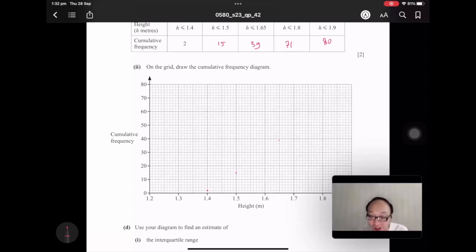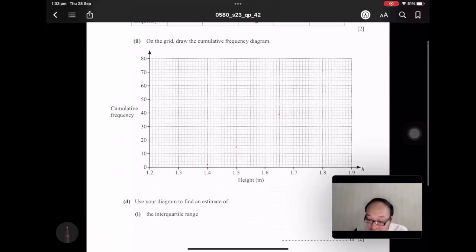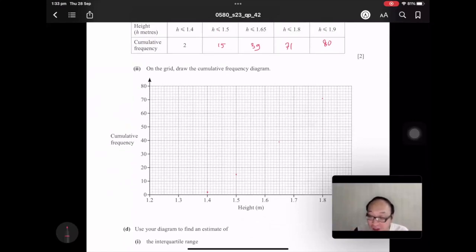And then 1.8, 71. So will be here. And then 1.9 will be 80. So here. So it will be like this.